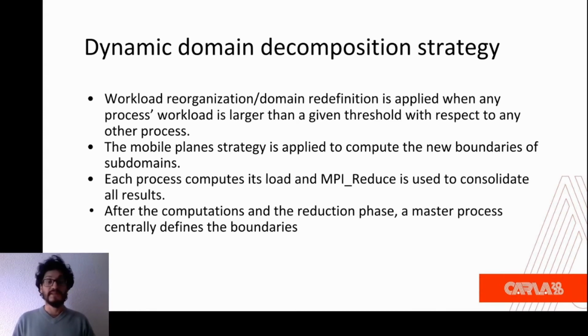When this happens, we execute the mobile plane strategy and compute new boundaries for the subdomains. In order to improve this computation, each process computes its own load, and an MPI reduce operation is used to consolidate all the results.